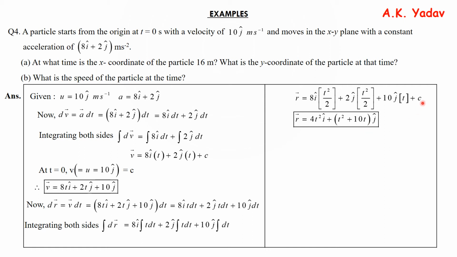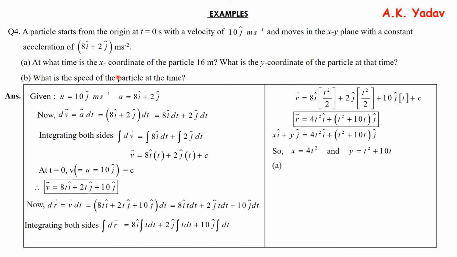Here we are not using c, we neglect it. Now we know r equals xi plus yj. So xi plus yj equals 4t square i plus t square plus 10t j. So x equals 4t square and y equals t square plus 10t.